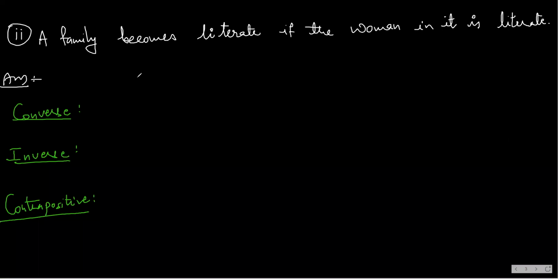So another question for practice is, you are given an implication statement, and that implication statement is a family becomes literate if the woman in it is literate. Now in this question, the given statement is slightly tricky. When I say the given statement is tricky, what do I mean by that?